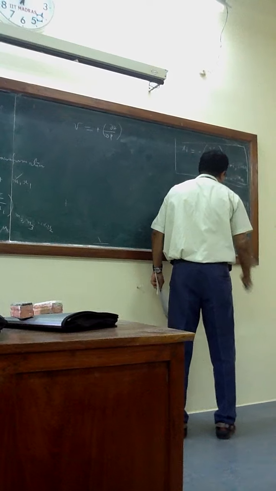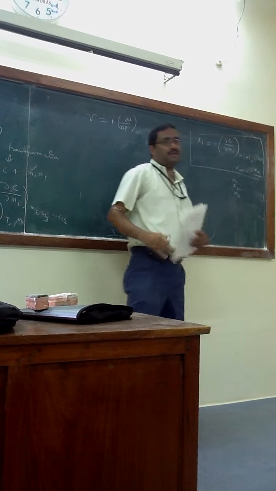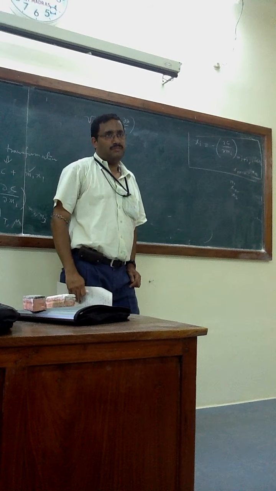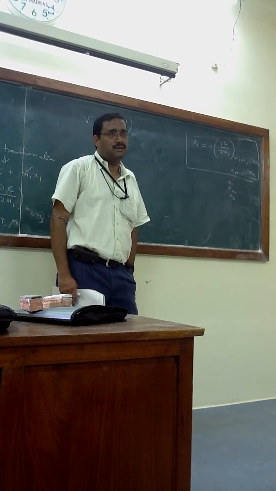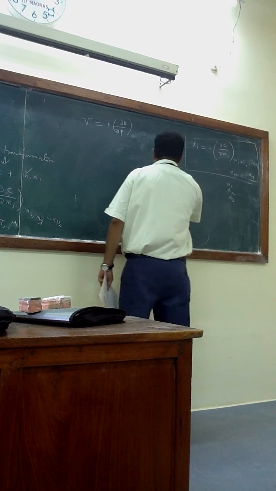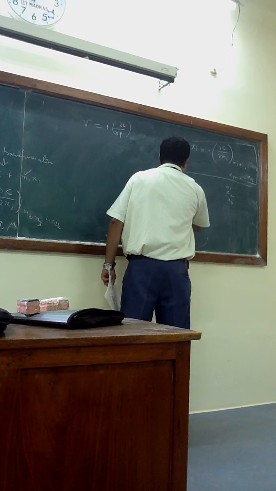m1, x2 and x3, right? You have m1, x2 and x3. We don't have m2, m3 actually. It doesn't exist. So your x1 will be what? Minus dou c by dou m1.